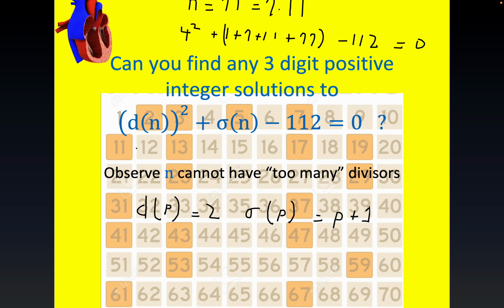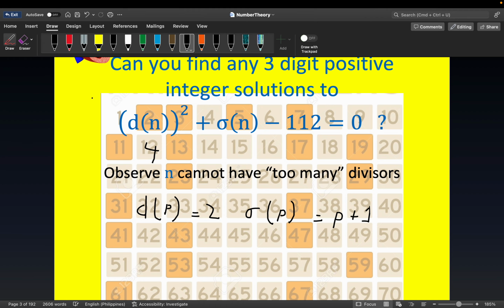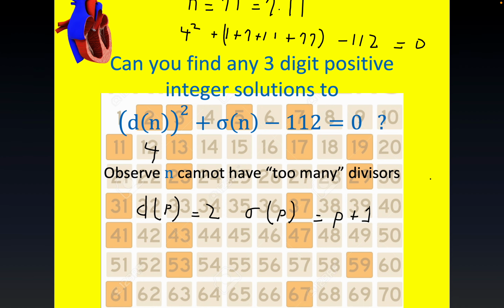If you're considering a prime number, this is going to become 4, right? d at p is 2, and then 2 squared is 4. And then right here, you're going to have plus p plus 1.